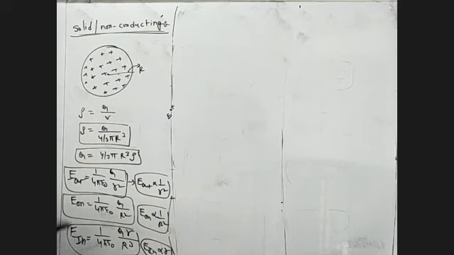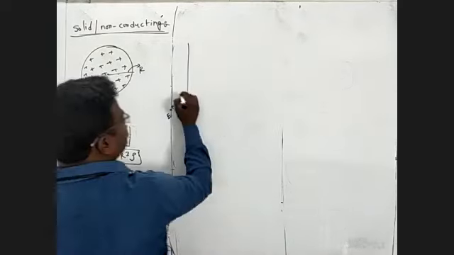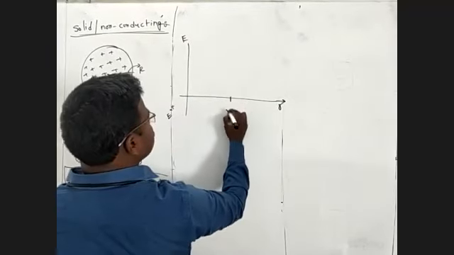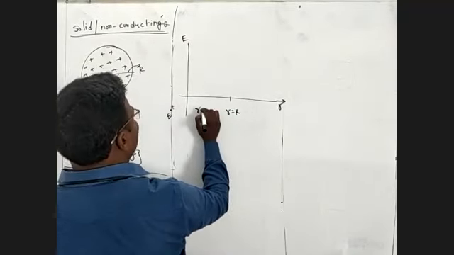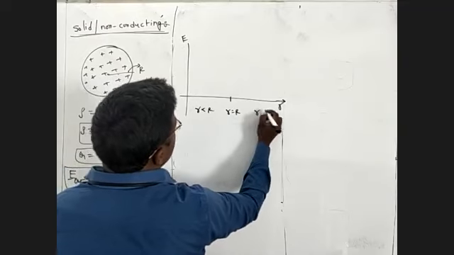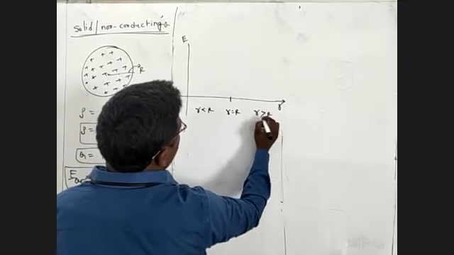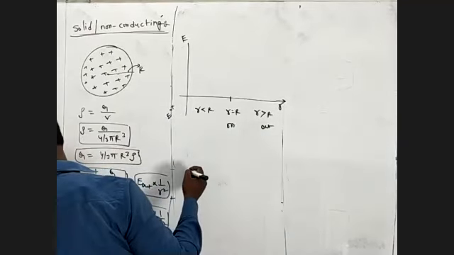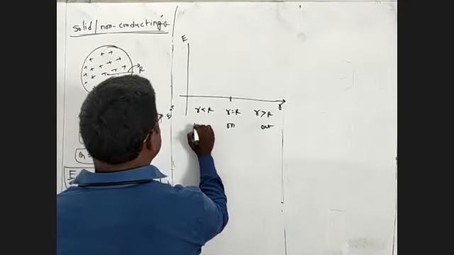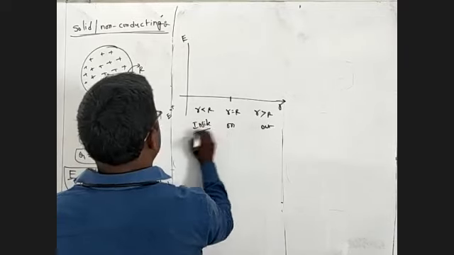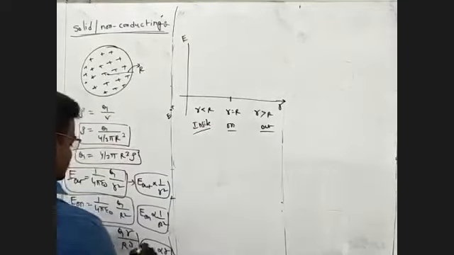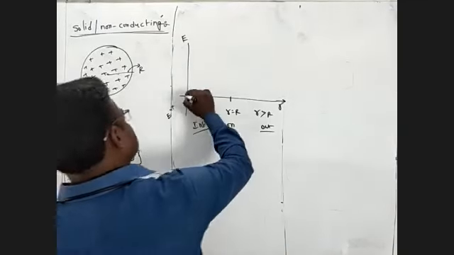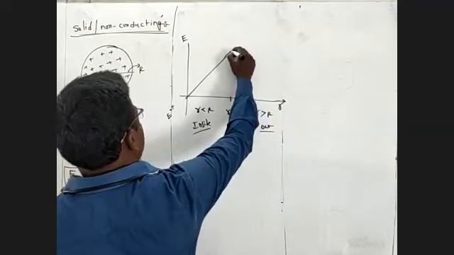On the axis, small r less than capital R is inside, and small r greater than capital R is outside. Inside the body, E is directly proportional to r, so this is a linear graph.